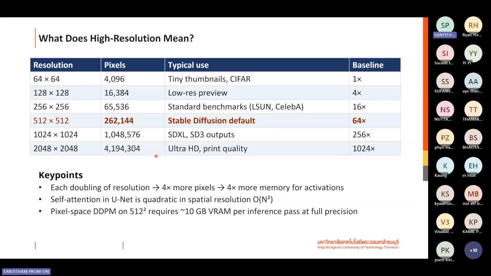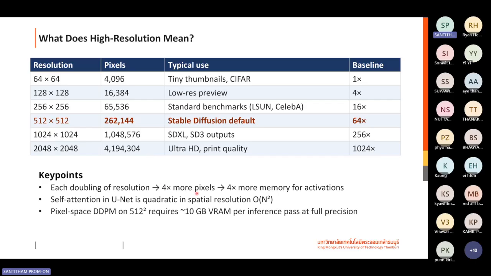This is to show you that if we were to perform noise prediction at the pixel level, we would need to predict 4 million values of noise for each iteration, which is huge, right? You don't want to do that.